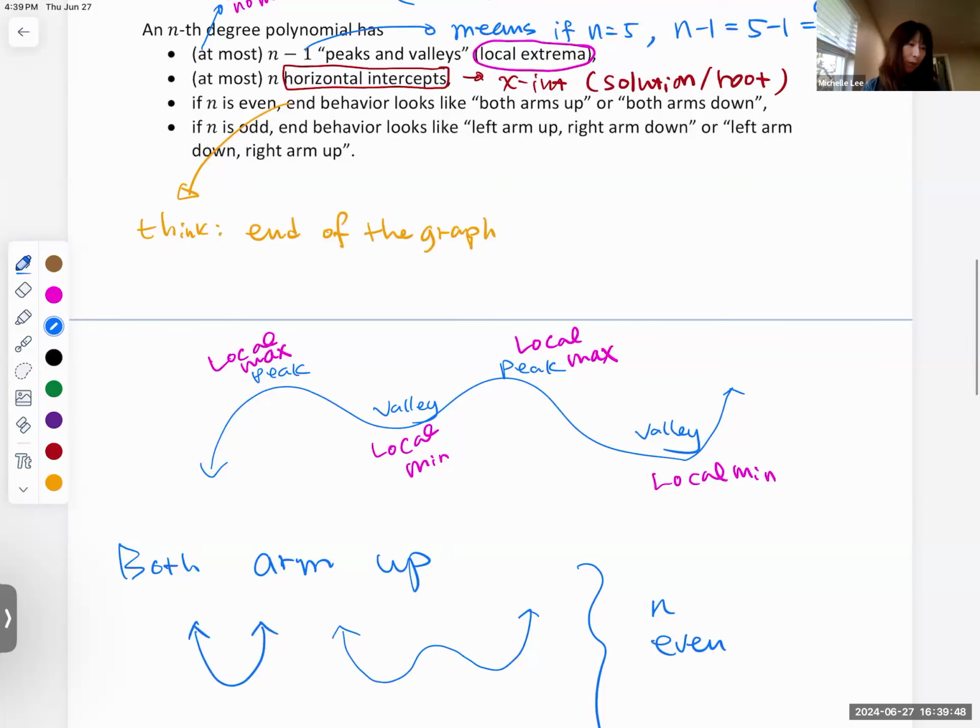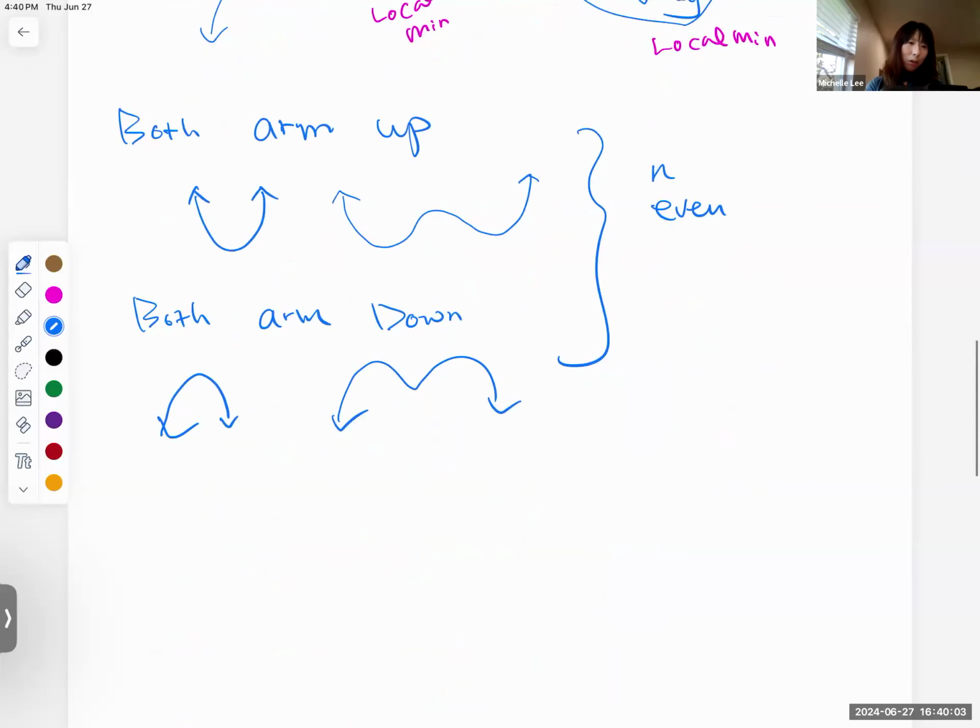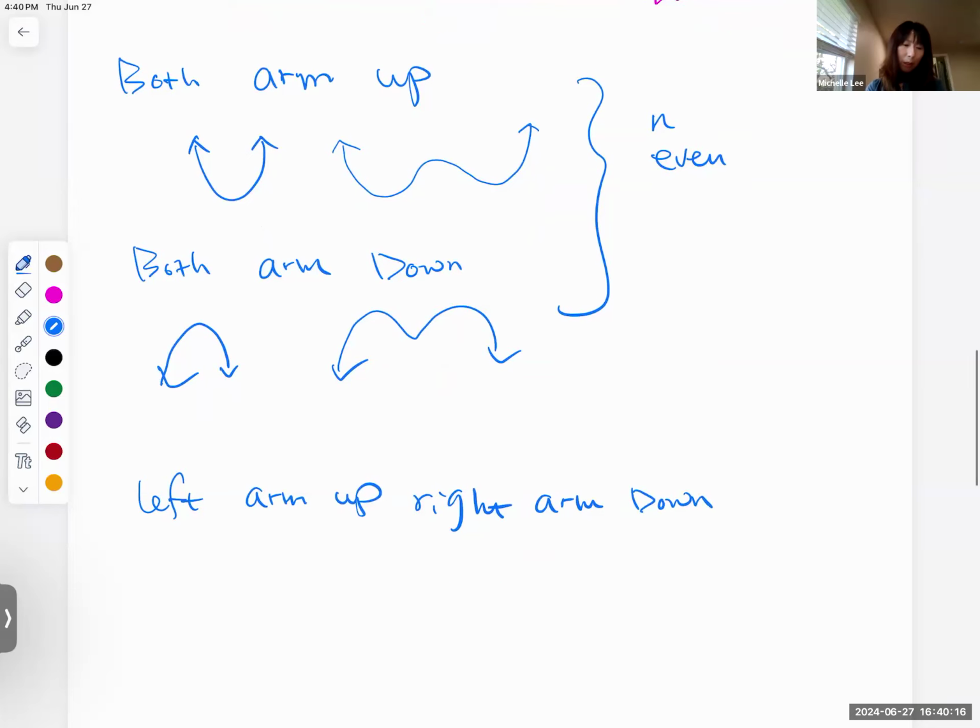Okay, next we have n is odd. Then end behavior looks like left arm up, right arm down. So this one looks like this. Left arm up, right arm down.